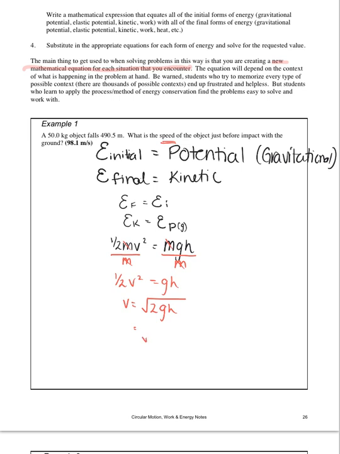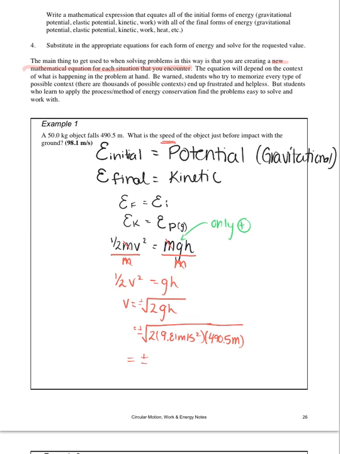Subbing in what we know, remember this can be a positive or a negative. So 2, and in this case for g, we're using 9.81 meters per second squared. We do not use the negative, only the positive version of g, kind of like an absolute value, if you will. The height it fell, 490.5 meters.